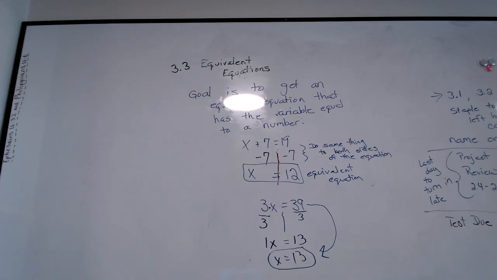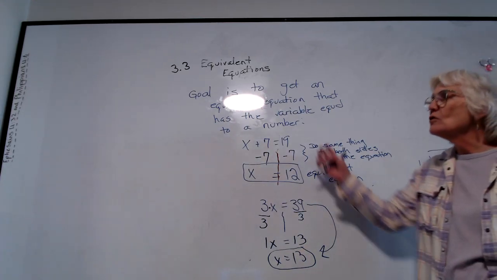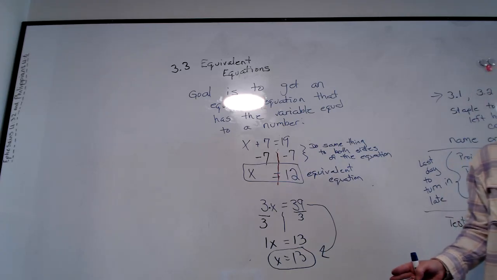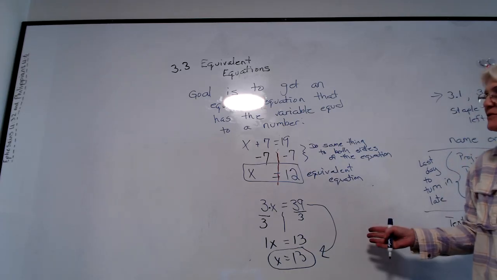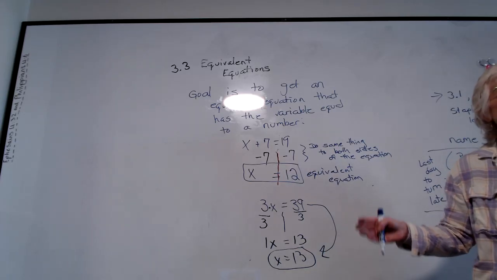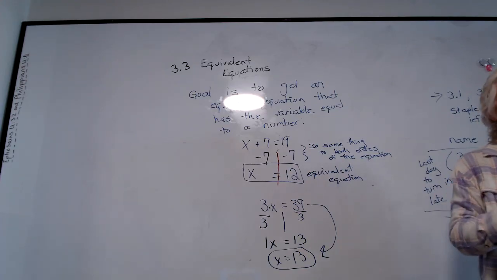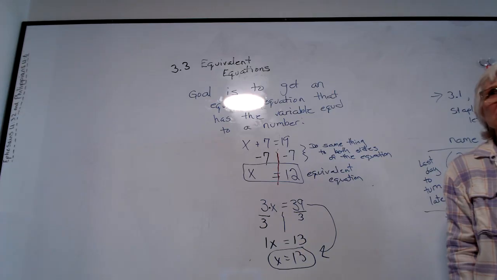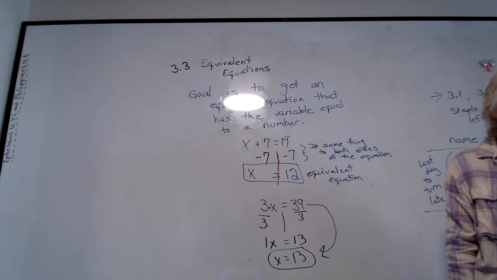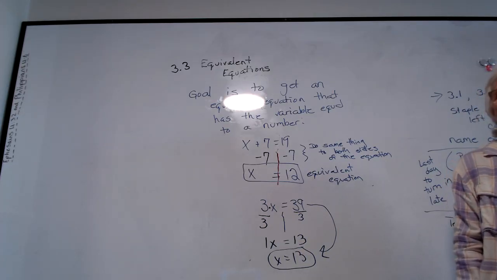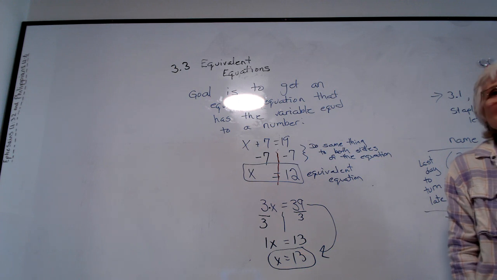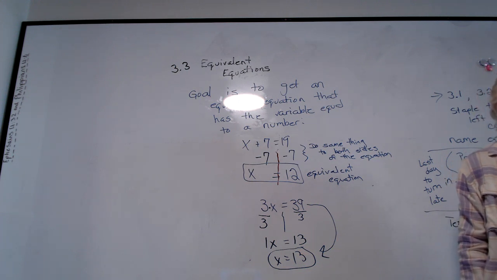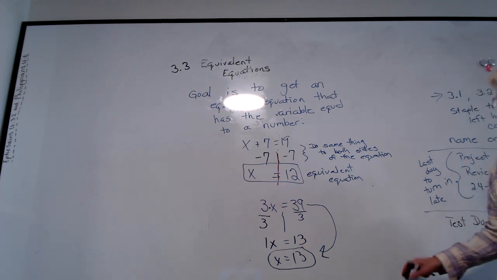So the idea of keeping the equations equivalent is the whole idea of solving. We want to get to an equivalent equation, but we have to do the same thing on both sides of the equal sign to get that to stay equivalent. That's really what section 3.3 is all about. It's just talking about how do I keep equivalent expressions or equations.